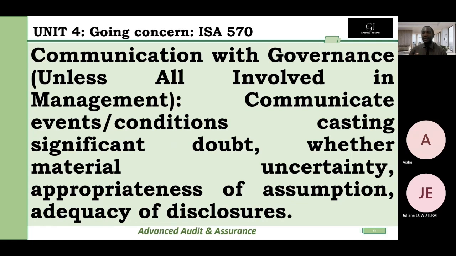So we need to communicate events first to management of our doubts, whether material uncertainties, appropriateness of the assumption, or the adequacy of their disclosures. We need to just communicate first. So they are the first level we need to communicate to before taking it to the board of directors or to external parties, mostly for listed companies.